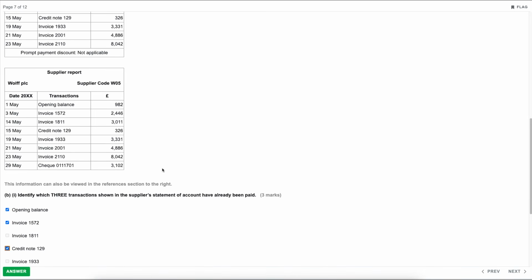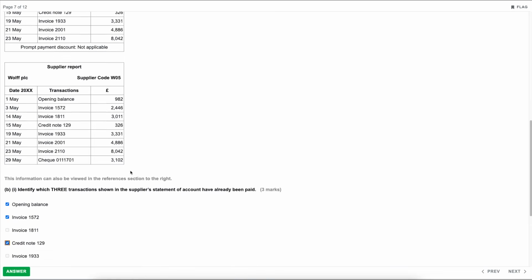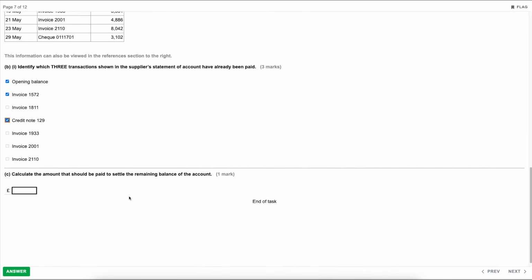So if we take our supplier report and basically add up all the invoices and the opening balance, and then take off the credit note and the check payment, that will give you the remaining amount to settle the account. So if we add up all these invoices, take off the credit note, take off the check payment, that will come to an amount of £19,270. So that would be the remaining amount to balance the account.